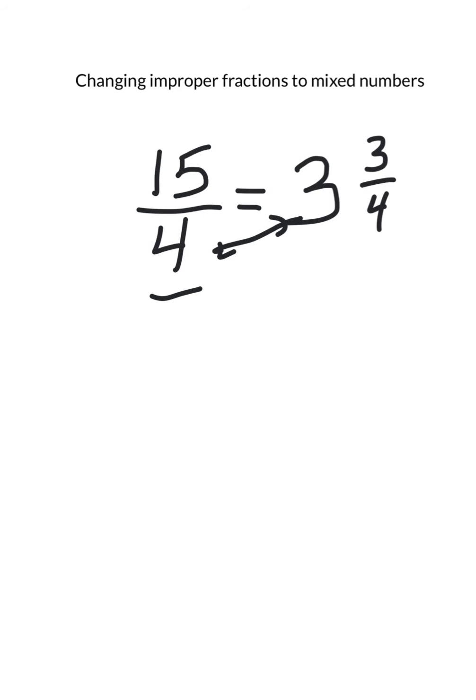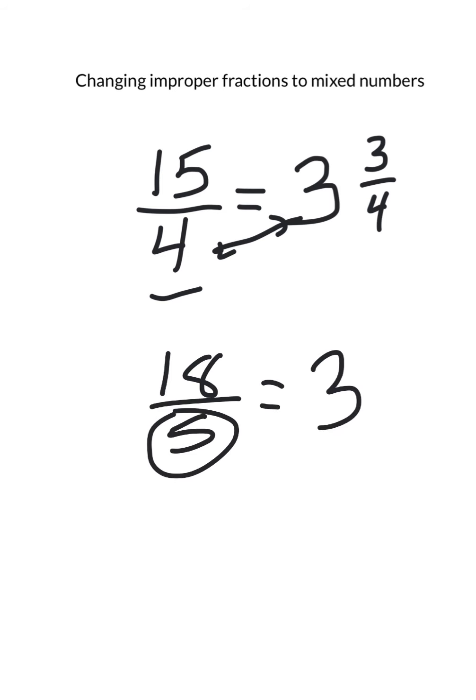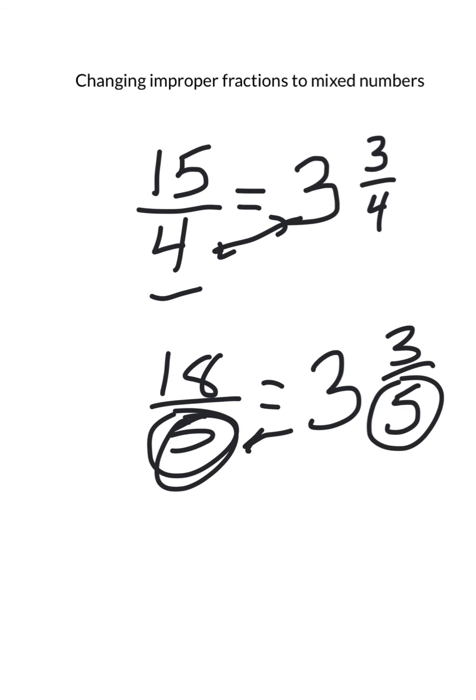It's 3 3/4. For this one, you ask yourself, how many times does 5 go into 18 full times? It goes in 3 full times. 3 times 5 is 15, and then 16, 17, 18. And then fifths never change.